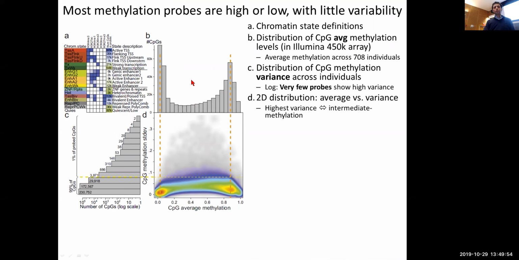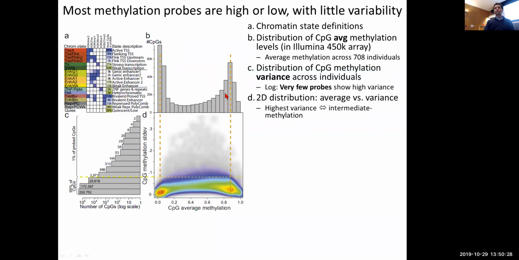Okay? That, of course, has a very big impact on whether this probe varies a lot or a little. So you can basically ask, what is the overall standard deviation in the methylation of that probe across individuals? And what you see is that some probes vary by a lot and others vary by very little. And the ones that vary by a lot are the ones that also have more of an average mean rather than an extreme mean.